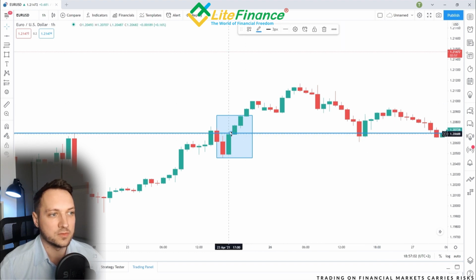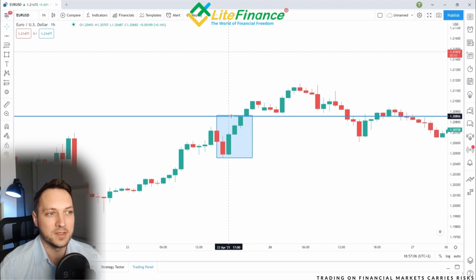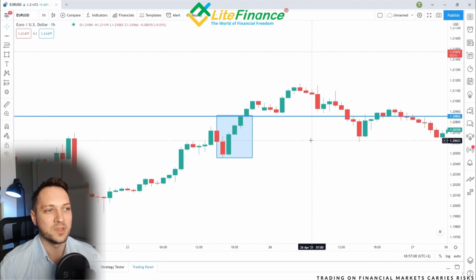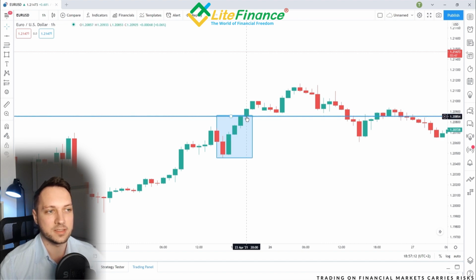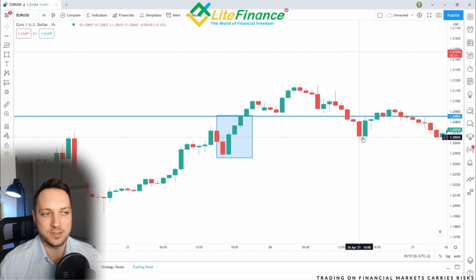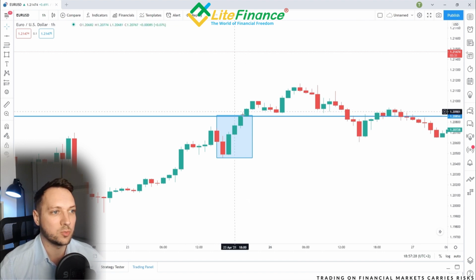So that is the second way. And the third way, which I think is the best in my opinion, is to first open a small trade at the beginning of the next candle, smaller than the regular one, and open the additional position when the retracement occurs and then add to the whole trade.